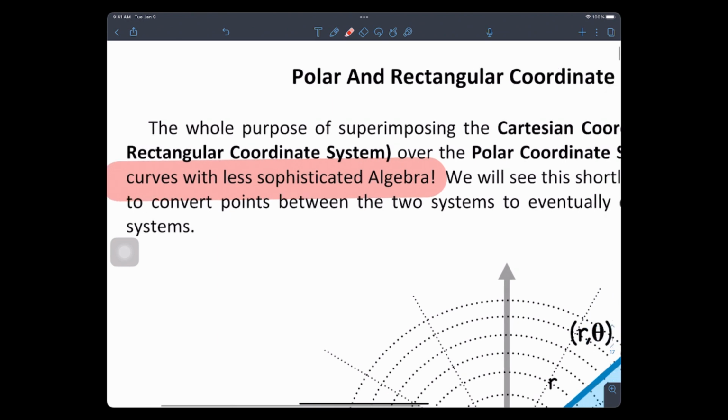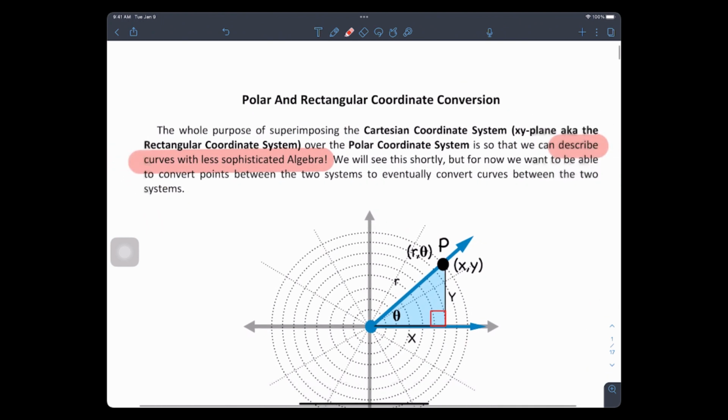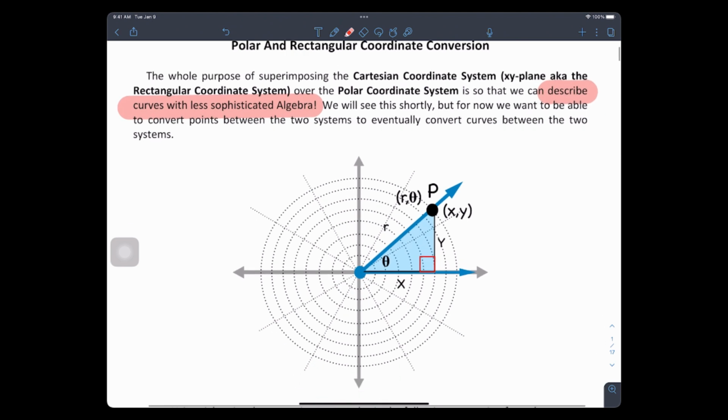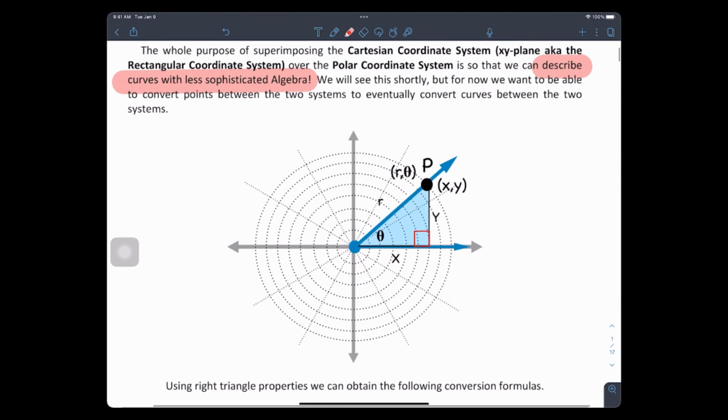That's really the game plan over this conversion idea. We'll see this shortly. But for now, we want to convert points between the two systems to eventually convert curves between the two systems. So we want to investigate this conversion a little bit, because we're going to look at how this relates to polar curves.